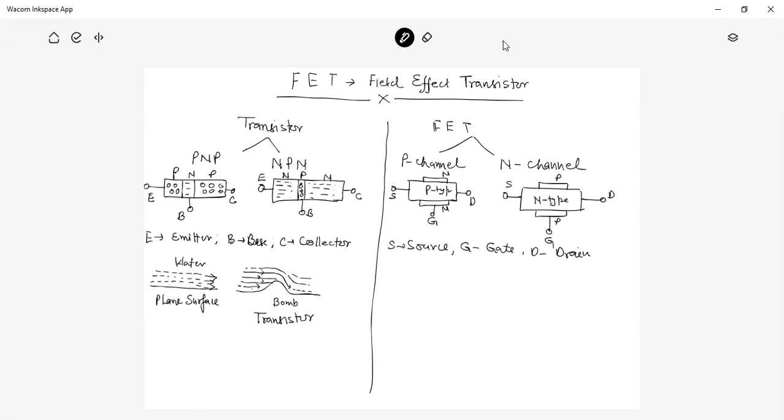How is it a transistor? This terminal is designated as E. This bump terminal is base and this terminal is C, collector.